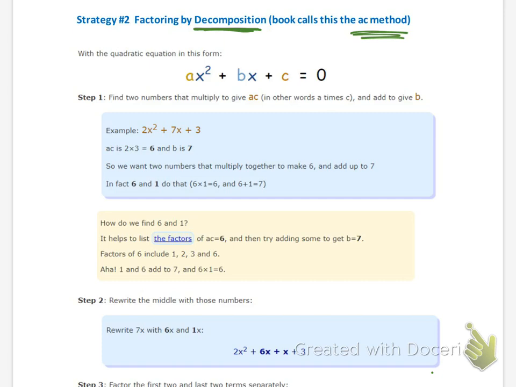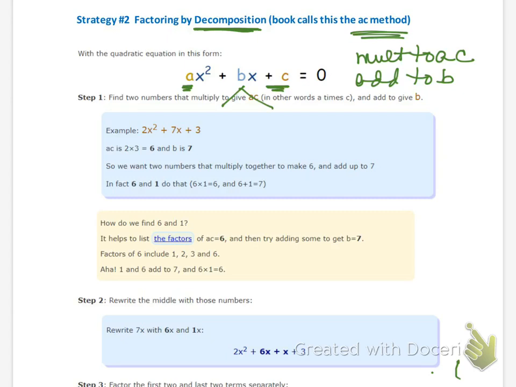That's because you're going to multiply your A and your C together, and you're going to say to yourself, what two numbers multiply to AC and add to B? The numbers that you pick, you're going to use to decompose your middle term.